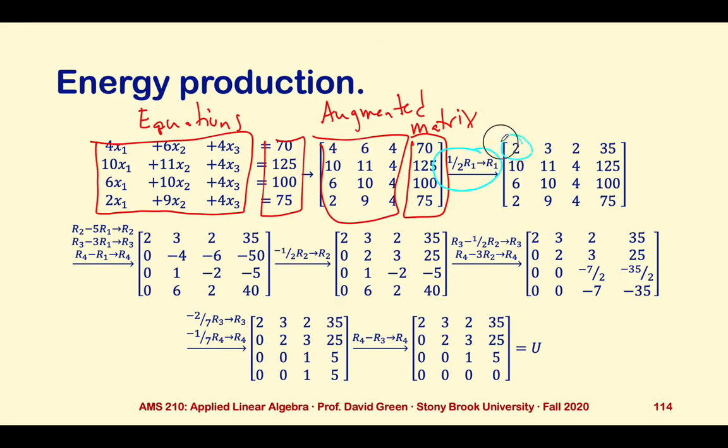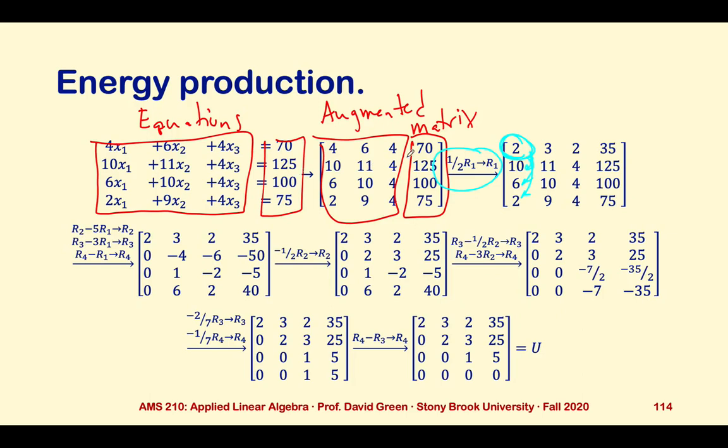We start at the top entry of the leftmost column, and we want to use this as a pivot to eliminate the entries below. We do this by subtracting multiples of the first row from row 2, row 3, and row 4.